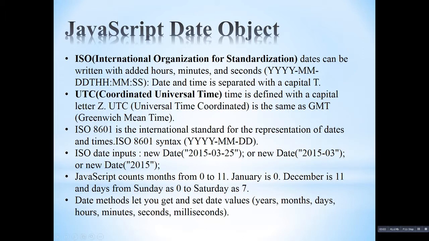In UTC time, a capital Z is written to separate the date and time, and this is the same as GMT, Greenwich Mean Time. ISO 8601 is the international standard for the representation of dates and times.